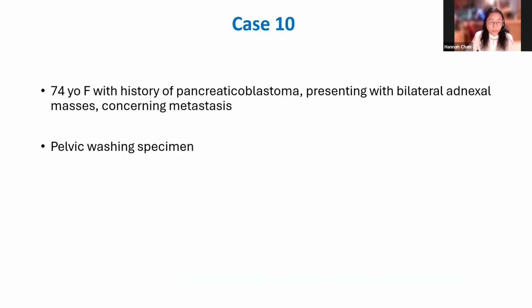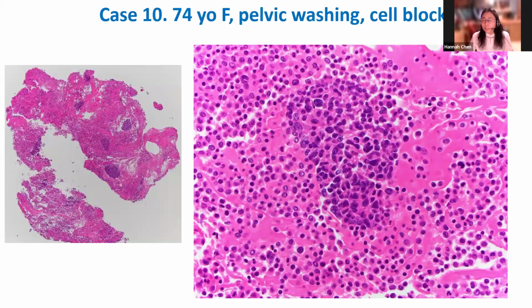Next case, a 74-year-old female with history of pancreatoblastoma, presenting with bilateral adnexal masses concerning for metastasis. A pelvic washing specimen was received. The ThinPrep preparation was basically read as negative. Fortunately, we have some tissue for making a cell block. In the cell block, we see several clusters of abnormal cells.